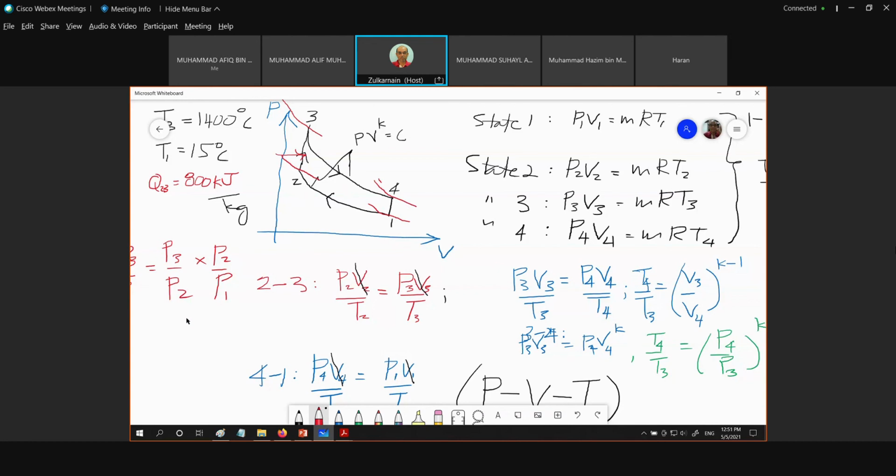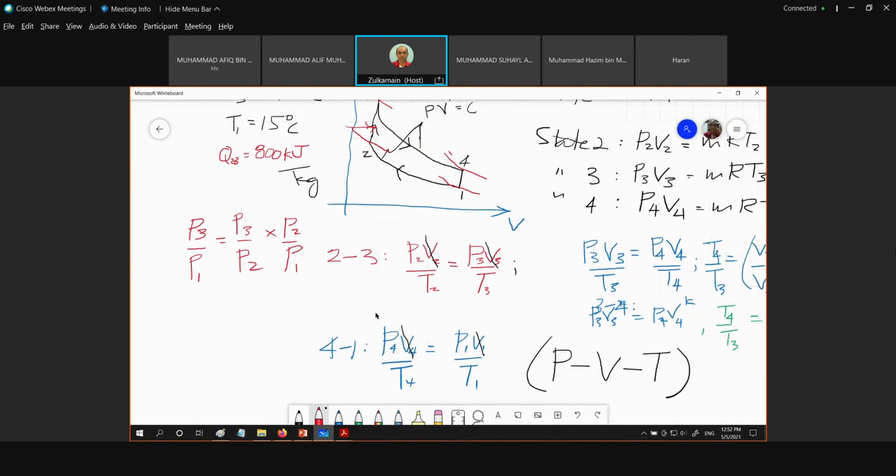Ataupun kita boleh dapatkan P4 over P1. You see? So this equation also we could write as P3 over P1 is equal to P3 over P4 times P4 over P1 and P2 over P3.